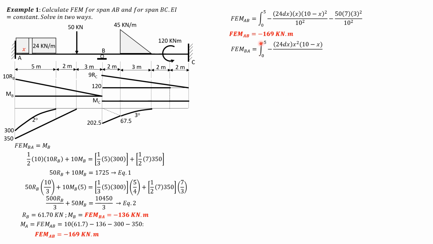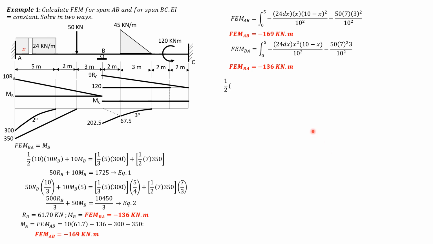Limits, by the way, are 0 to 5 because the rectangular loading has a length of 5. So computing this value, it is equal to negative 136 kilonewton meter. This is the same as this. So that's the advantage of integration. There's no need to draw these diagrams, and the solution will be faster.